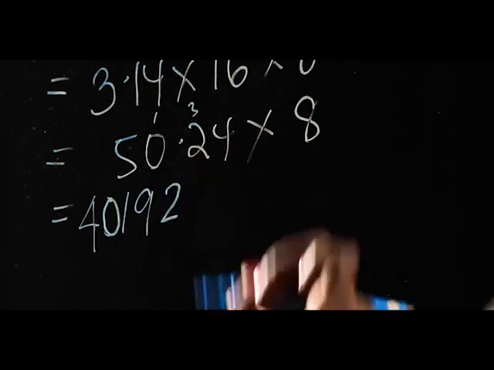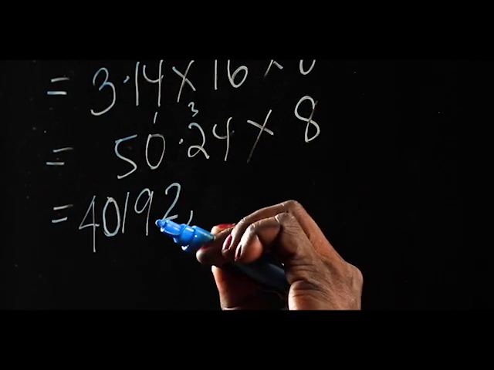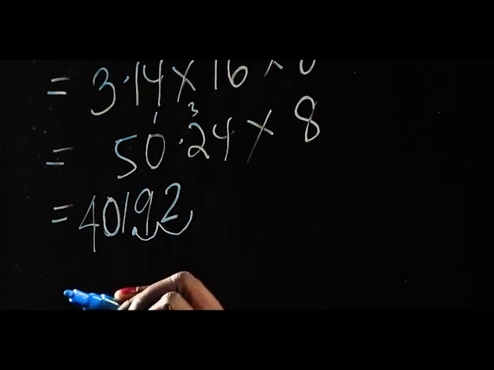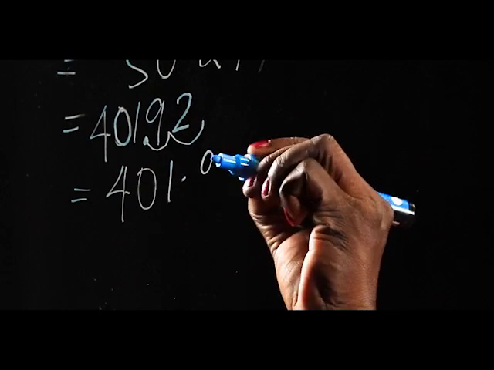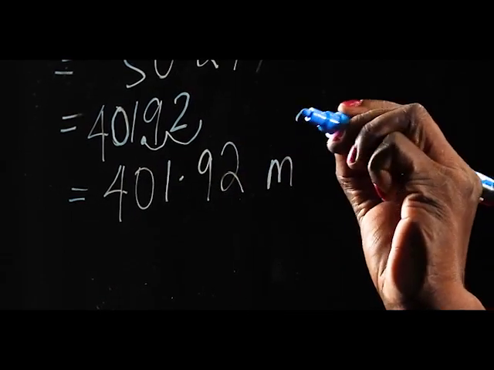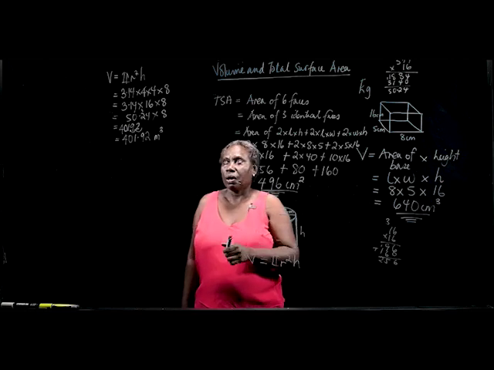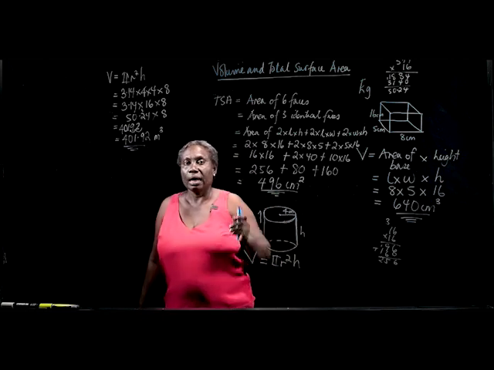How many decimal places do we have? 1, 2. So we are going to move 2 places to the right. So our volume is 401.92 cubic meters. Now, that is the volume of our cylinder.